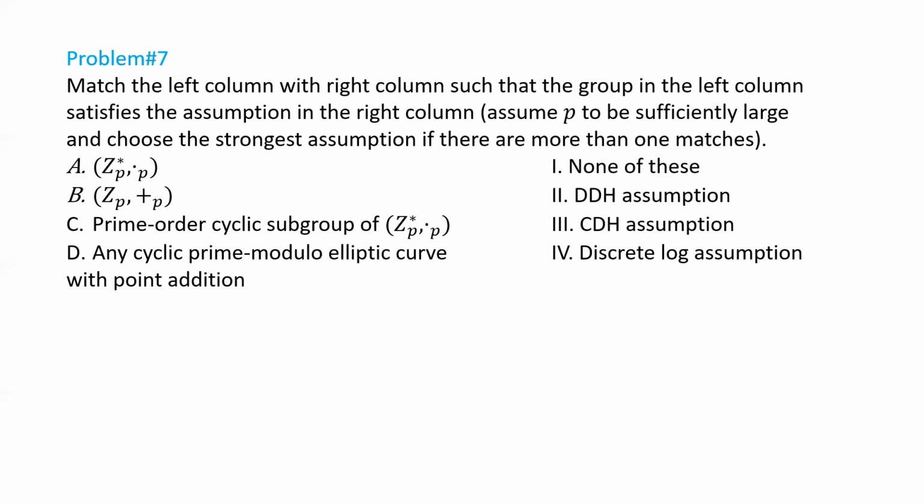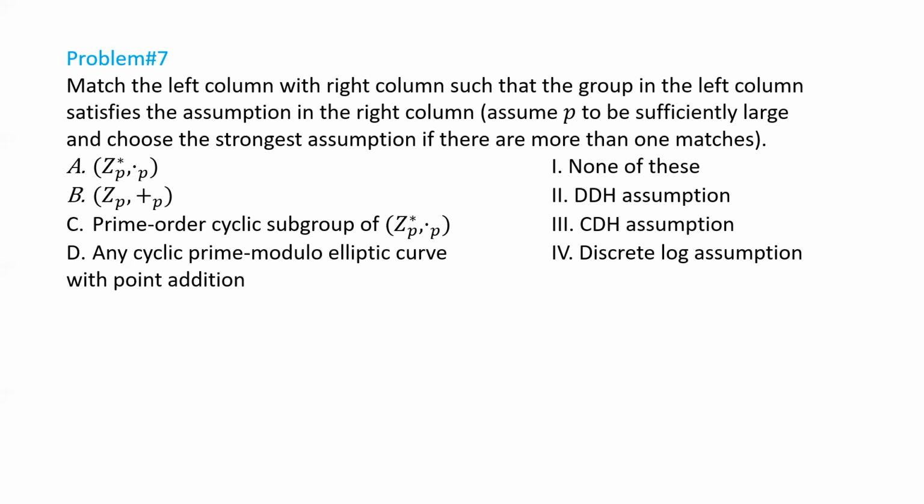So B will map to 1. And ZP star with multiplication modulo P, if you have followed in the lecture, does not have prime order. Its order is P minus 1. So the discrete log problem is not solvable here, but the CDH problem can be solved in particular cases.